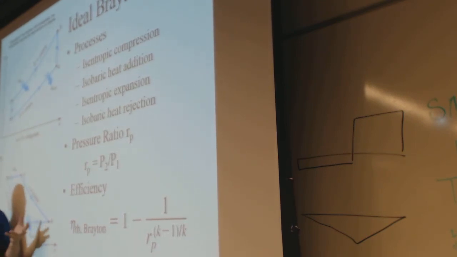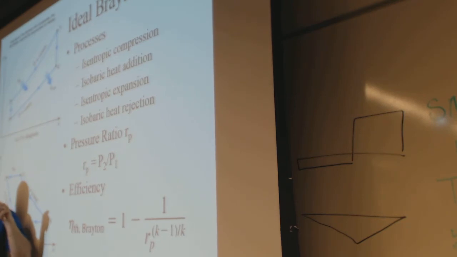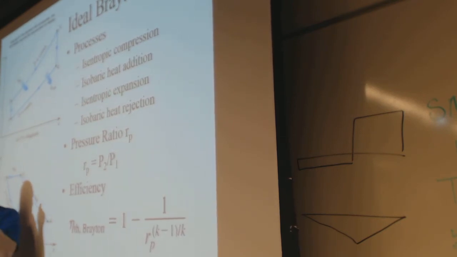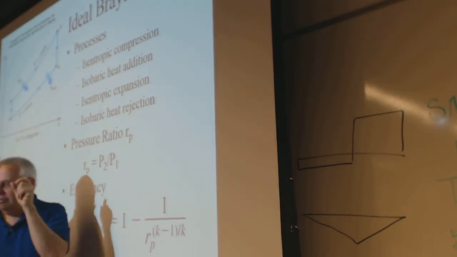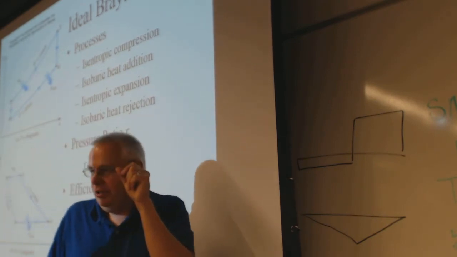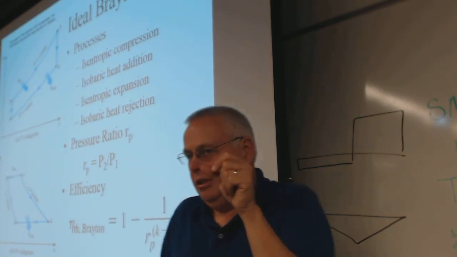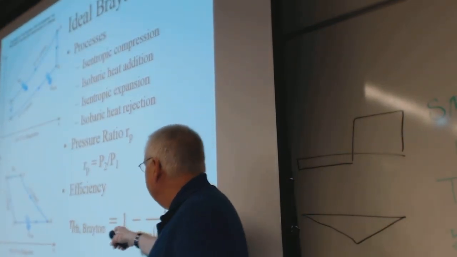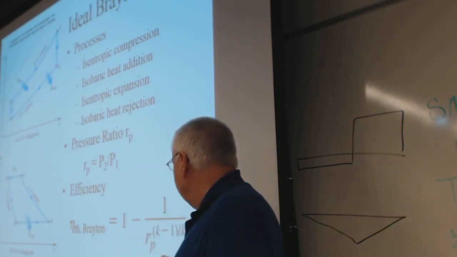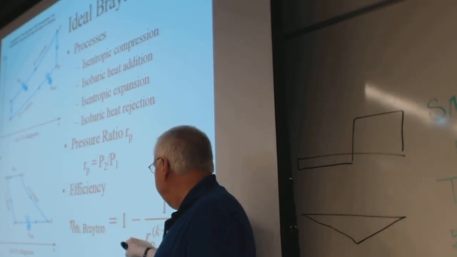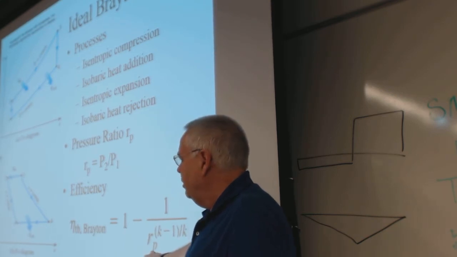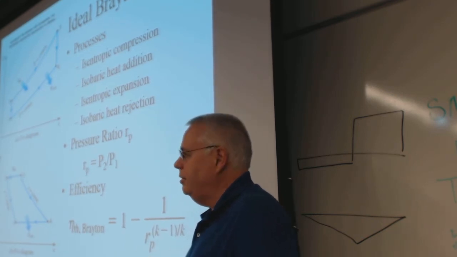Well, we're going to find out with that isentropic relationship that it's going to have some exponent K in it, K minus 1 over K, or something like that. And when you do those all around, the ideal air standard perfect world efficiency of it is going to be related to the pressure ratio.